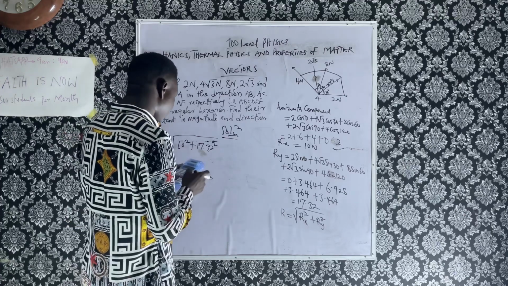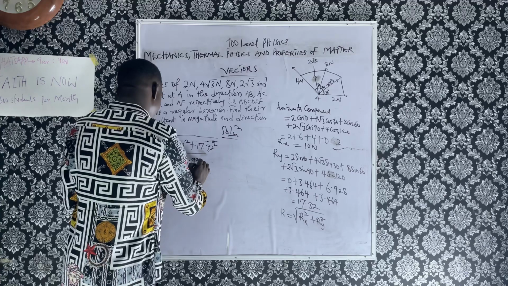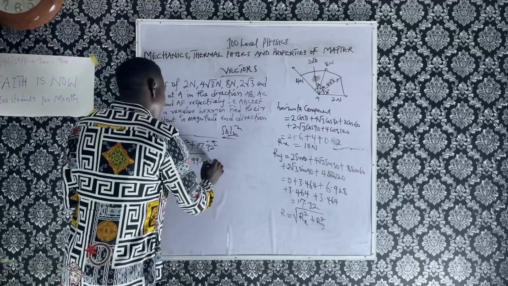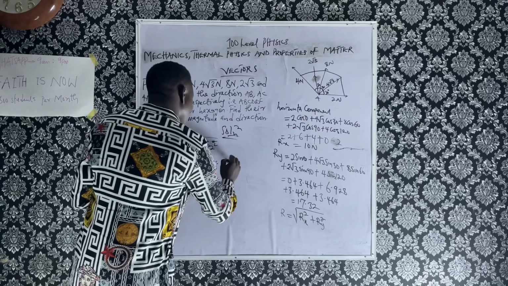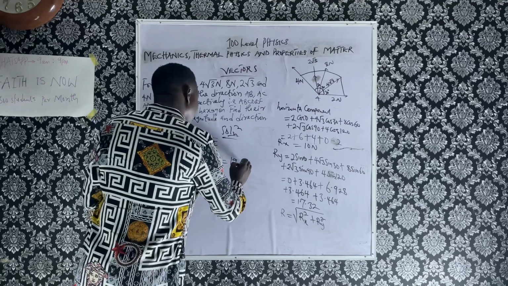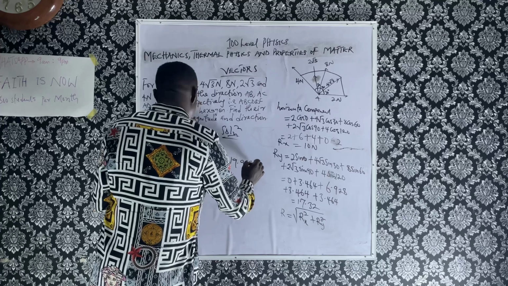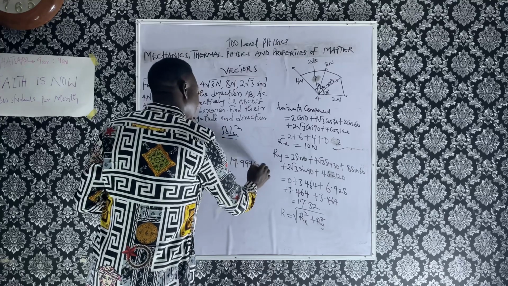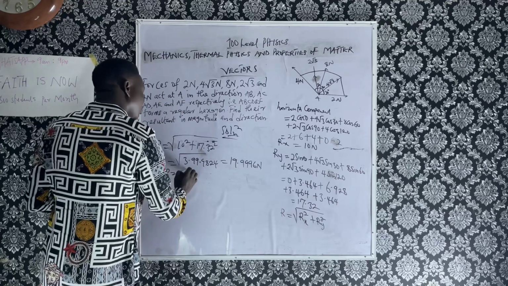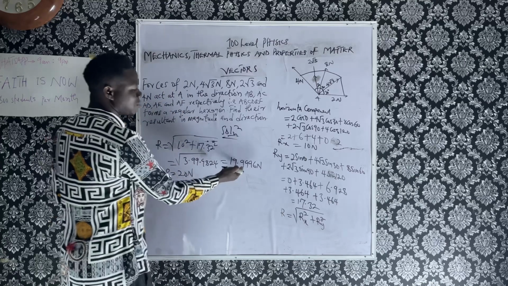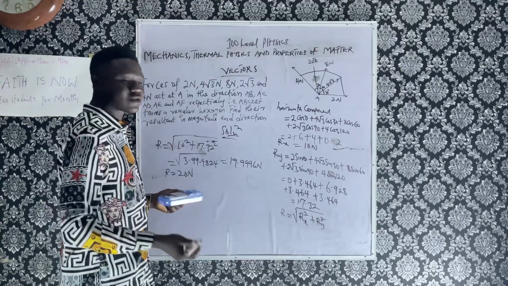So this gives me 3.999824. So if I take the square root of 8, that's 19.9996 Newton. So we can definitely approximate it to 20 Newton. Because if I approximate this 9 to this 9, it becomes 10. Also move forward to the one that's 20.